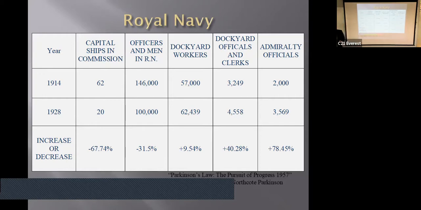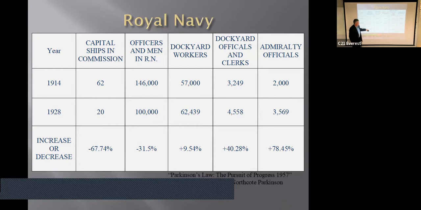So now why? If you can understand why this happens, that even though the ships went down, the number of officers went up, when you understand that, it'll make a whole lot of difference in terms of how productive you are in your business. So why did this happen?